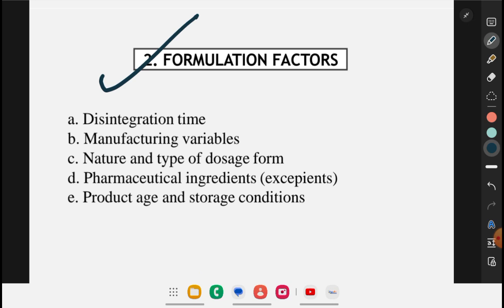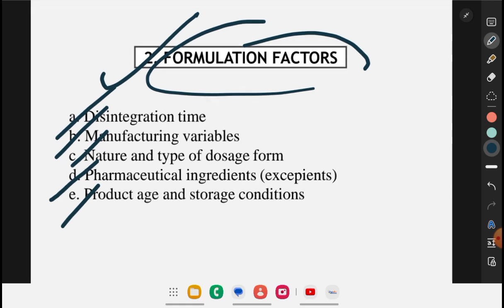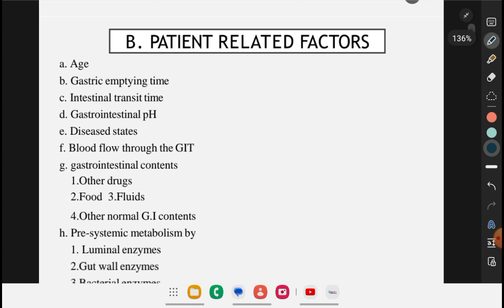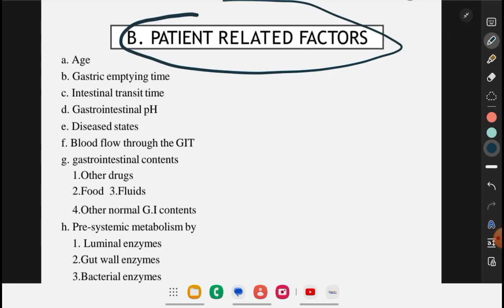Next, formulation factors. In that: disintegration, manufacturing variables, nature and type of dosage form, pharmaceutical ingredients, product age, storage conditions, etc.